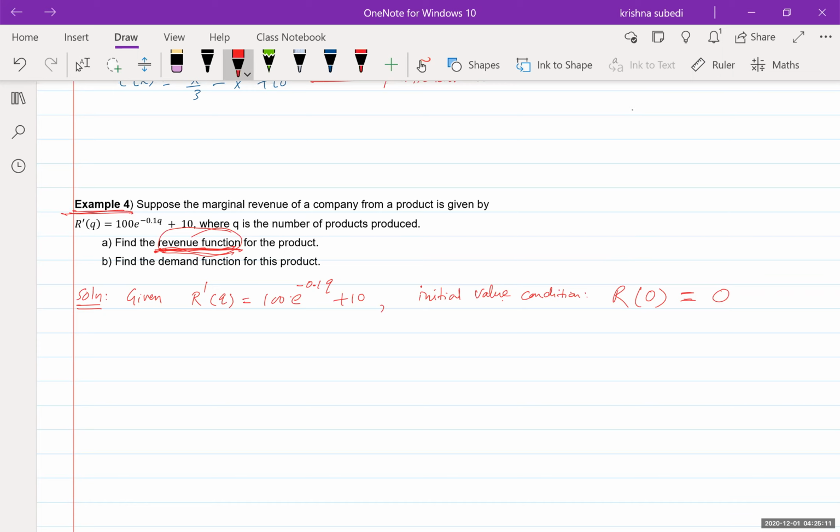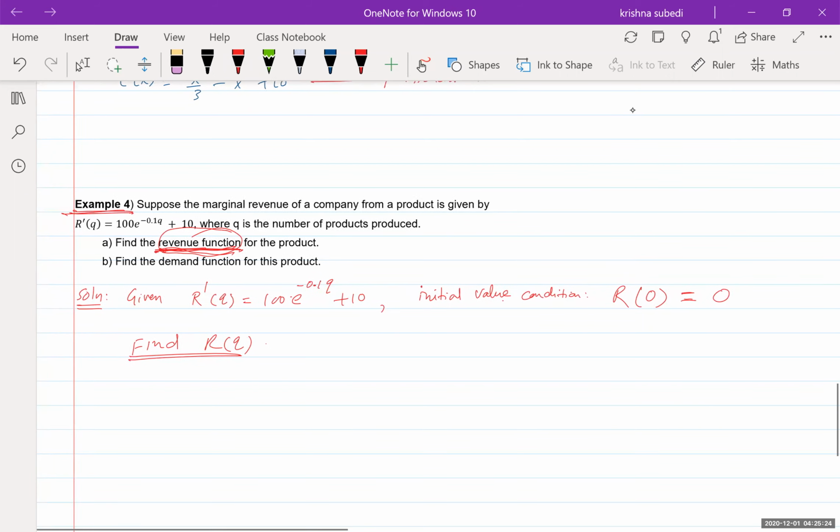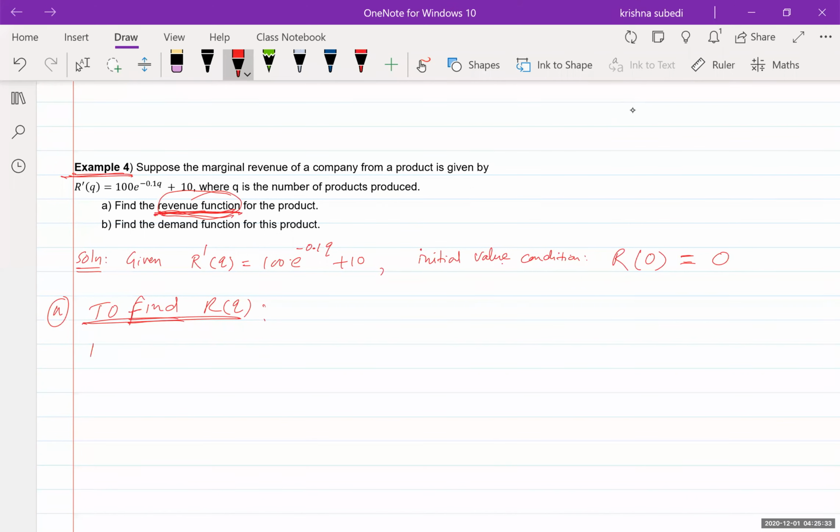So we know in part A we need to find R of Q. To find R of Q, we know R of Q equals the integral of dq.